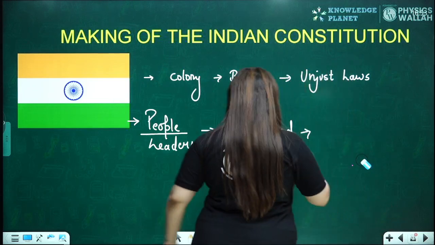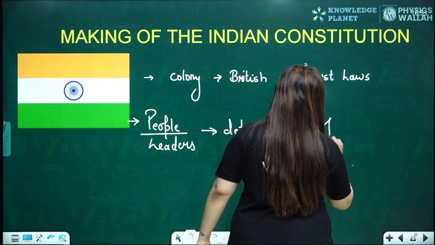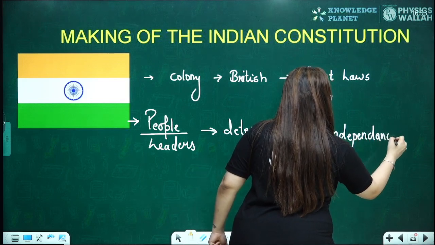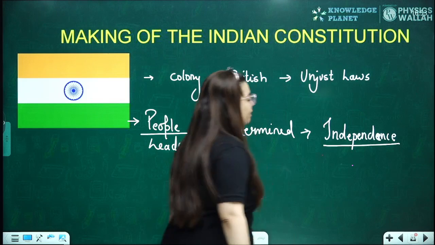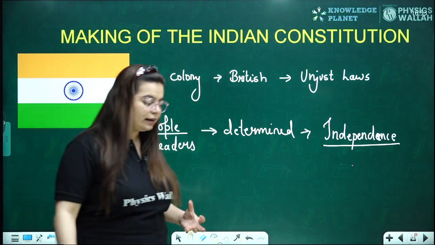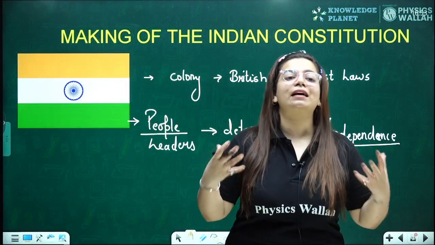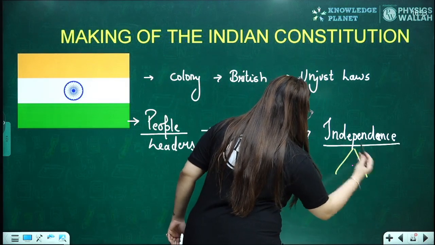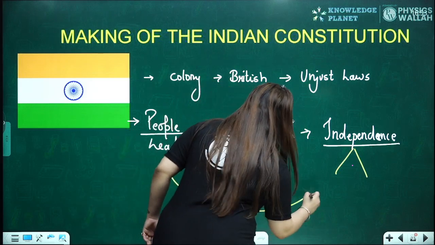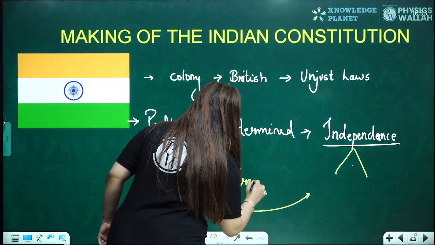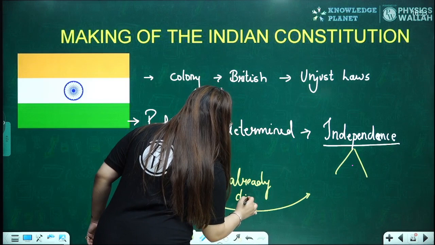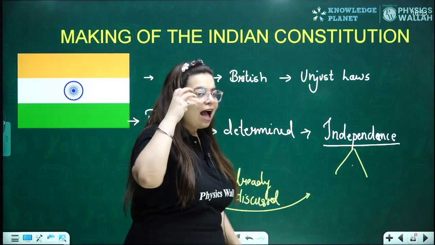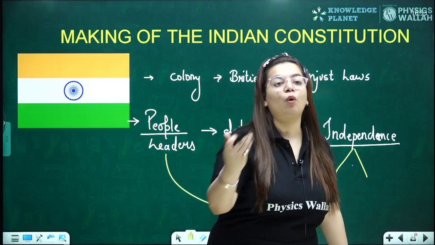Because they had all this determination in their minds, they were already discussing their constitution. The leaders had already discussed it, and they had discussed it with the people, and they already had in their mind how our Indian constitution would look.